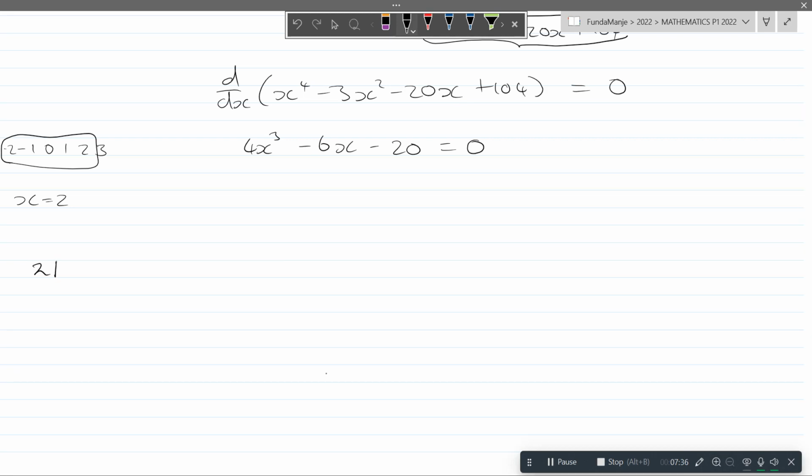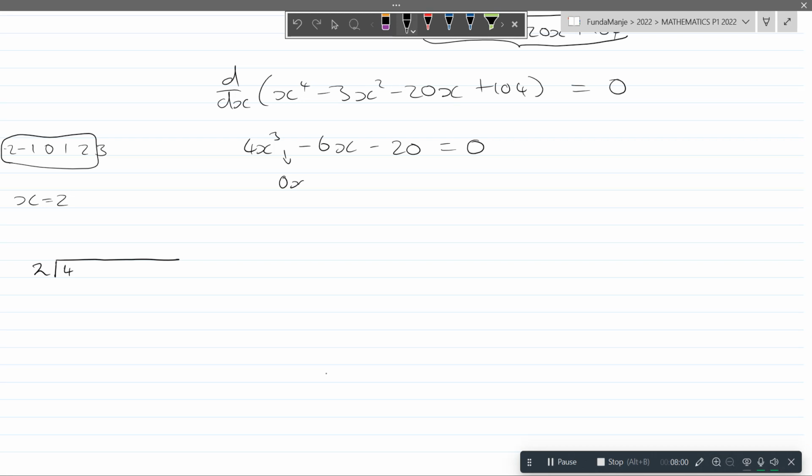Then we'll use some kind of weird division in order to find out the rest of the roots if they exist. So in this case, we have this 2. We now have to put the coefficients of our cubic function in order over here. So for x cubed, we have 4. And then there is no x squared, but that's only what it looks like.